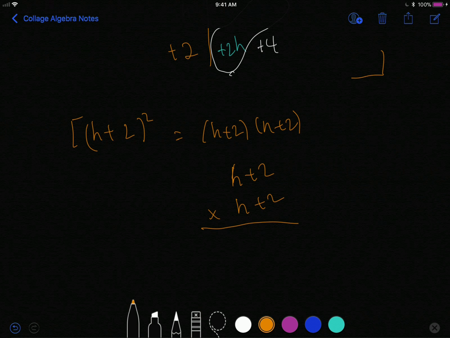First you go h times 2 right here, which is going to be 2h.